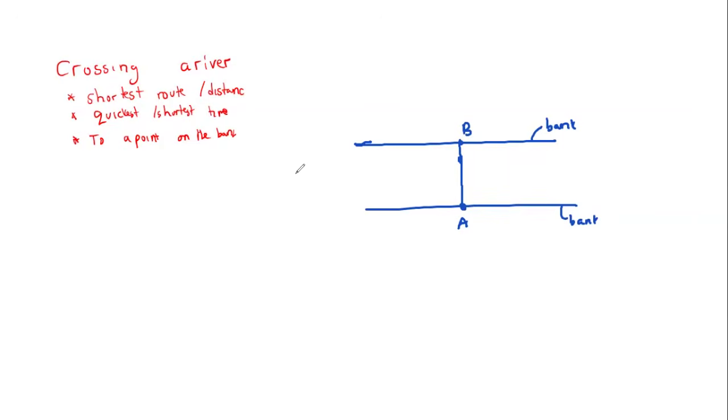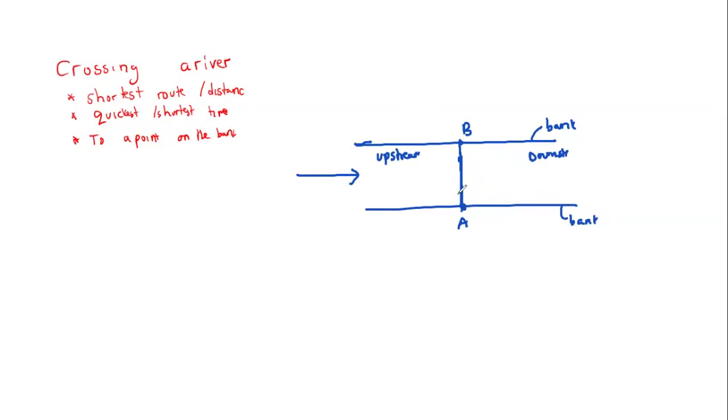In case this is the flow of the river, this part here is what we call the upstream. Then this side where it is going, we call the downstream.